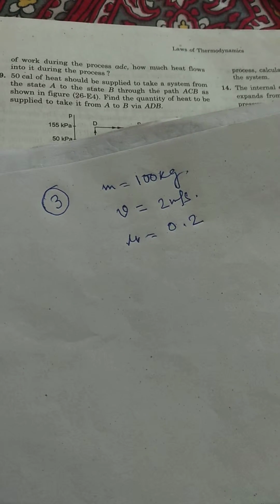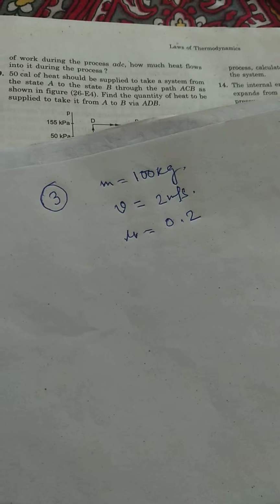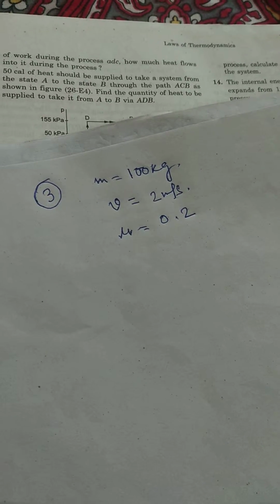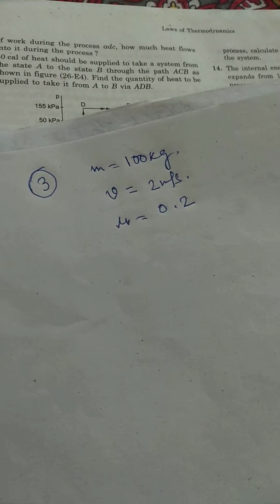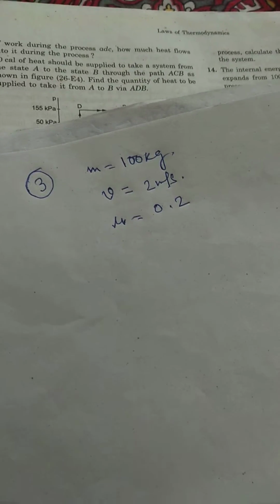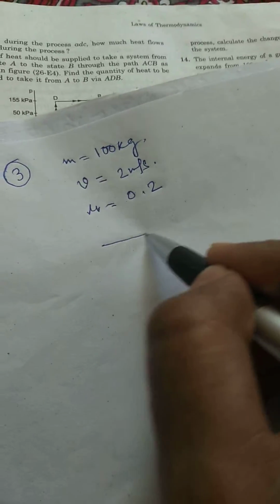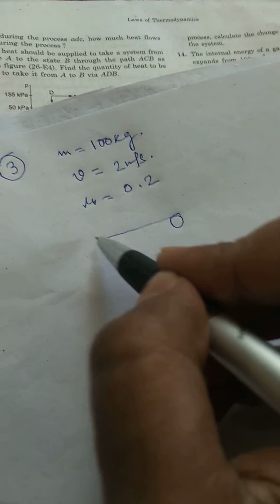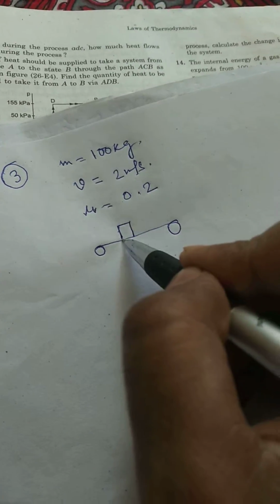So calculate the change in the internal energy of the block belt system as the block comes to a stop on the belt. Initially, when I'm putting the block on the belt, this is the belt, and when I'm putting the mass over here, it starts slipping.